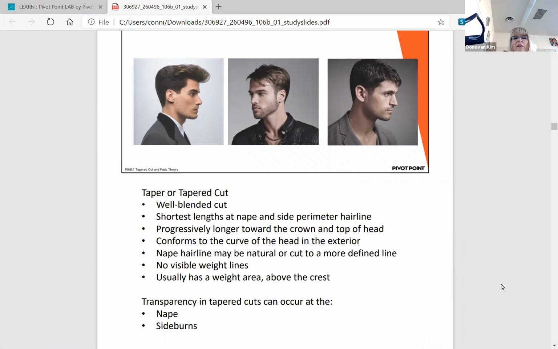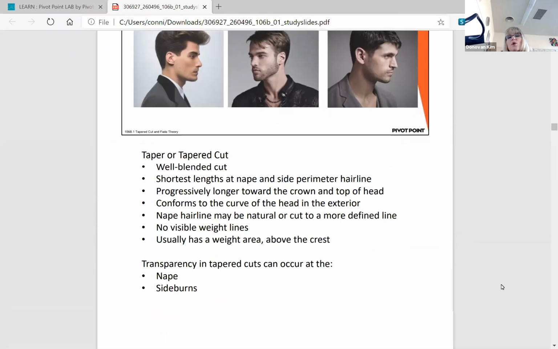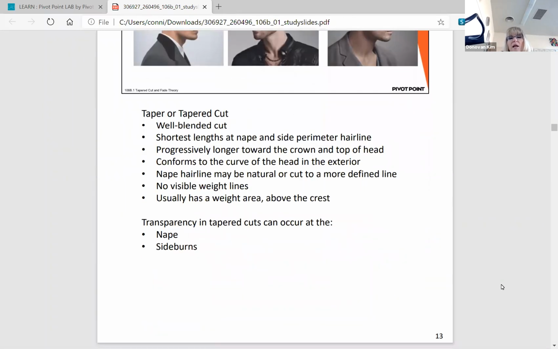No weight lines. And if it does have a weight area, it's going to be above the crest. So what they're saying is if you just did two just around the edges and then blended it up, it would be a lot longer up here, and it would probably be done with shears at the top of the head. So when you're doing this transparency, the shortest lengths are going to be at the nape and the sideburns.